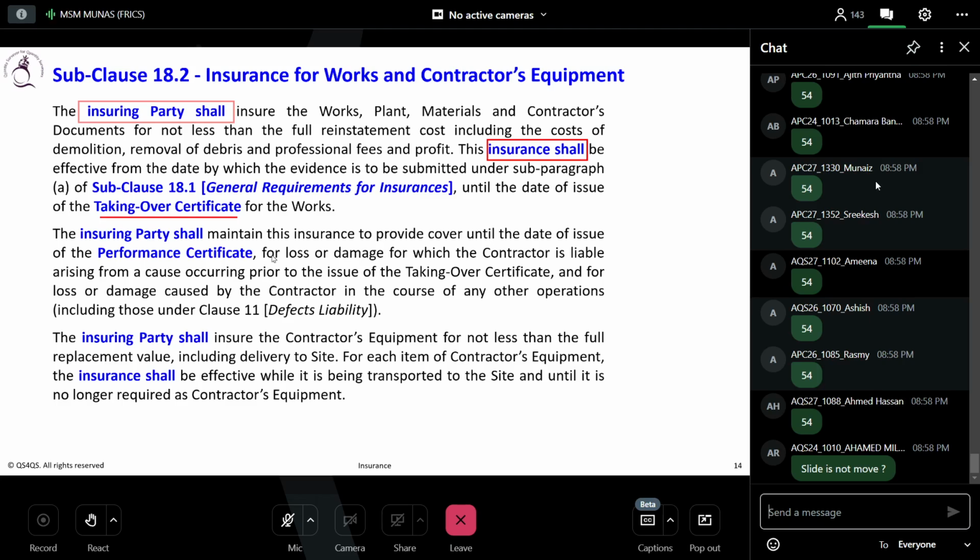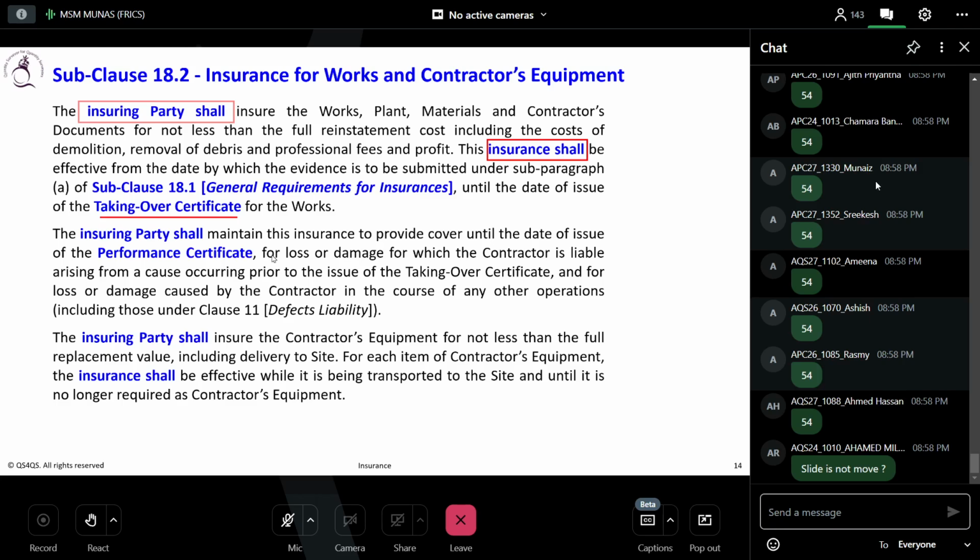Yes. So what it clearly says is, until the taking over certificate, you have to have the insurance. Once the taking over certificate is given, we don't need to have more insurance.